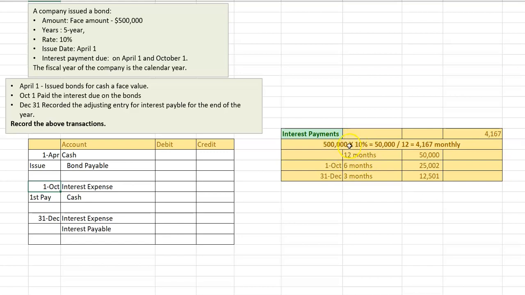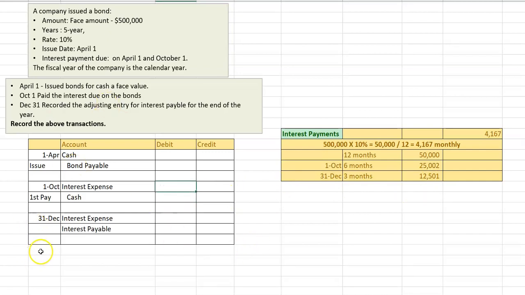So I did 500,000 times the 10% rate, and that came up to $50,000 a year. Then I broke it down monthly because we're going to have a 3-month thing here and a 6-month thing. So the first payment is for 6 months, April 1st to October 1st, and that's 25,000. So that's the first one.